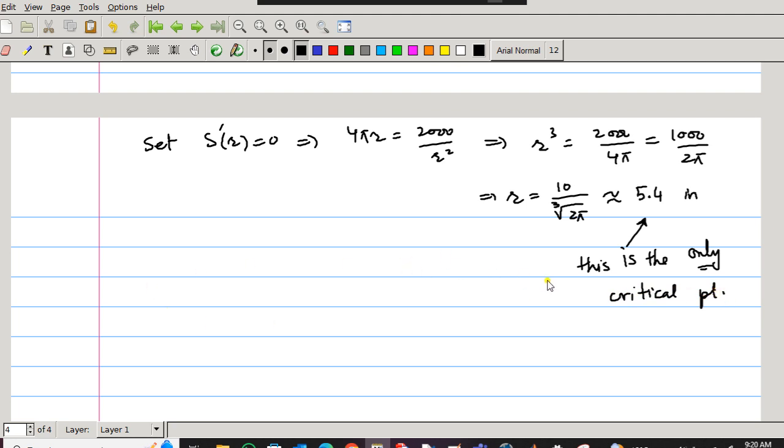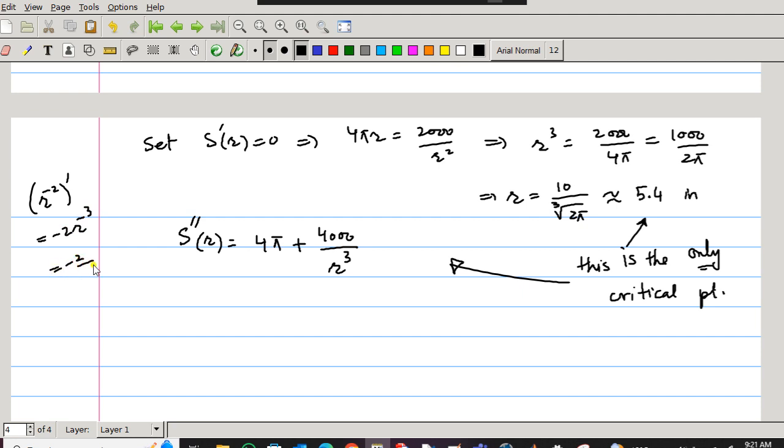So what is S double prime of r? 4 pi r becomes 4 pi, and minus 2000 by r square becomes plus 4000 by r cube, because the derivative of r to the minus 2 is minus 2 r to the minus 3, which is minus 2 by r cube. That's why it becomes plus 4000 by r cube.